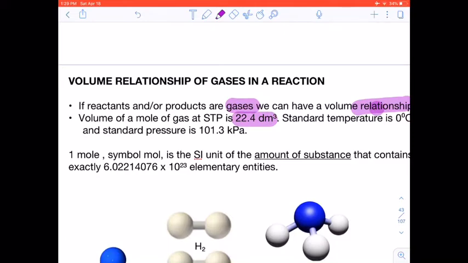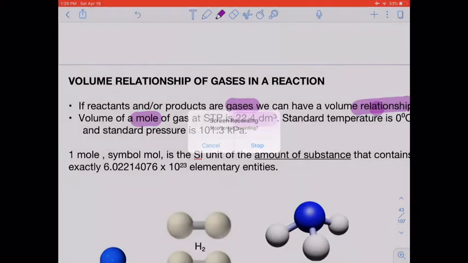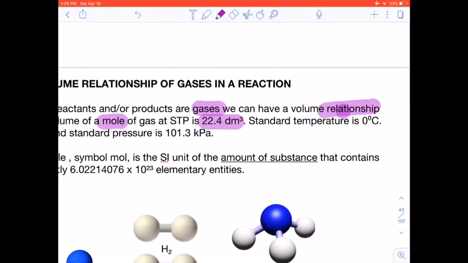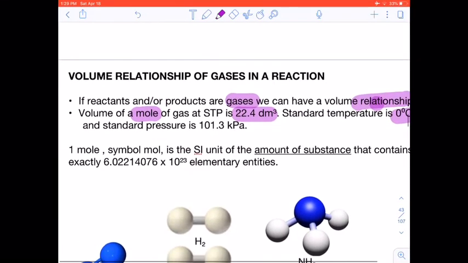So a mole of gas at STP occupies 22.4 decimeter cubed. At standard temperature and pressure, and what is standard? It's 0 degrees Celsius and 101.3 kilopascals. Under those conditions, 1 mole of a gas will have a volume of 22.4 decimeter cubed.